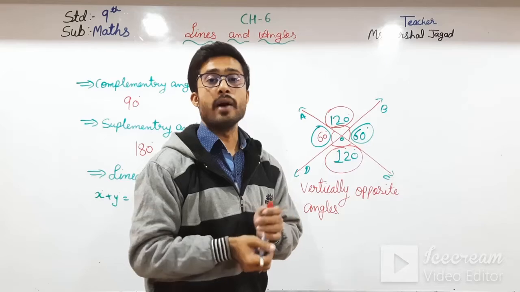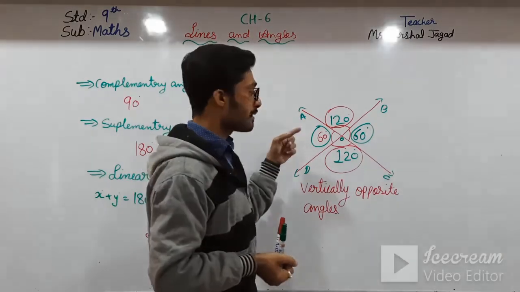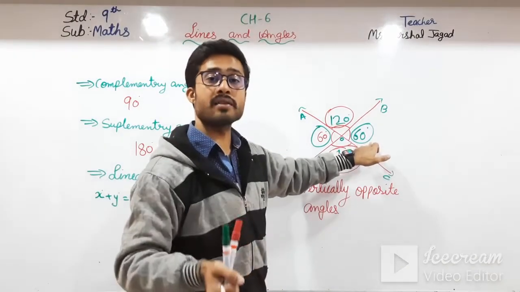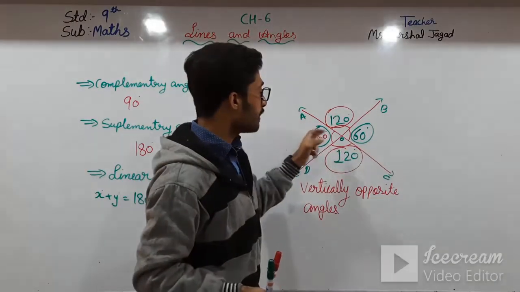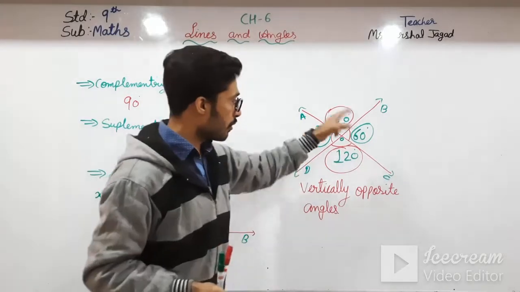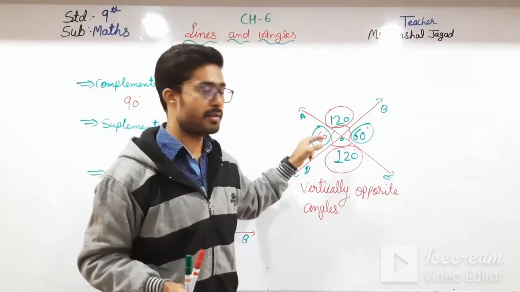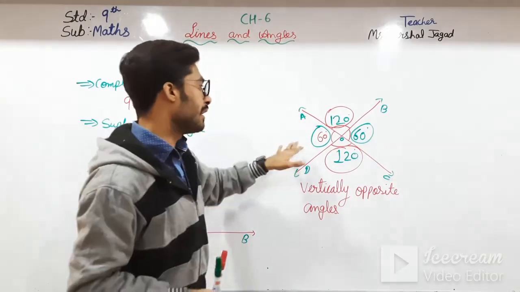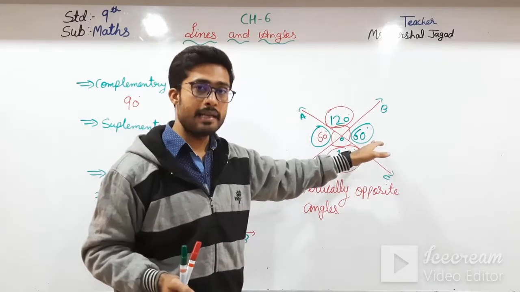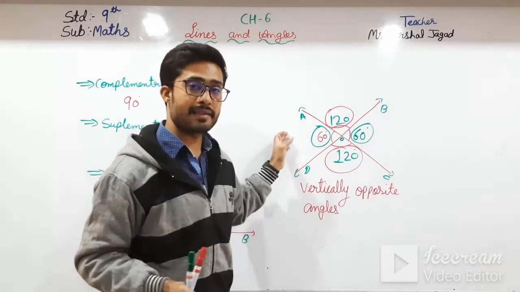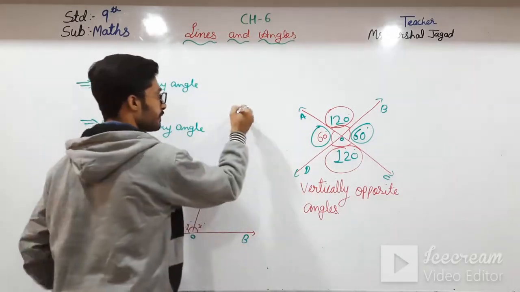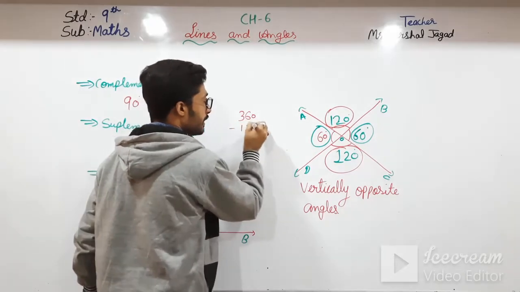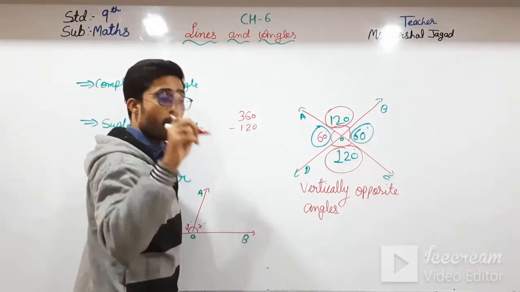If you are given only an angle of 60, then the opposite angle must be 60. And the total around the point is 360 degrees. If one is 60 and its opposite is 60, that is 120.